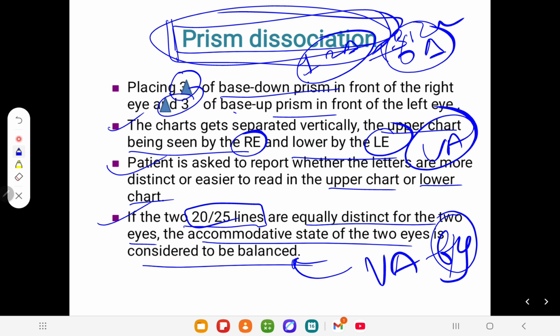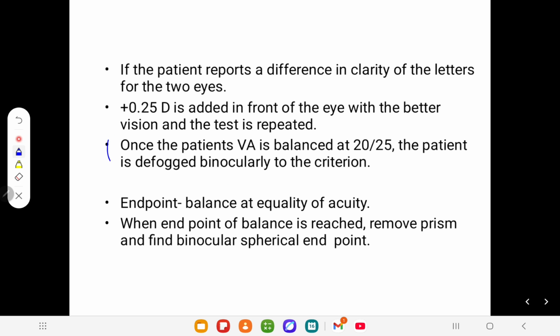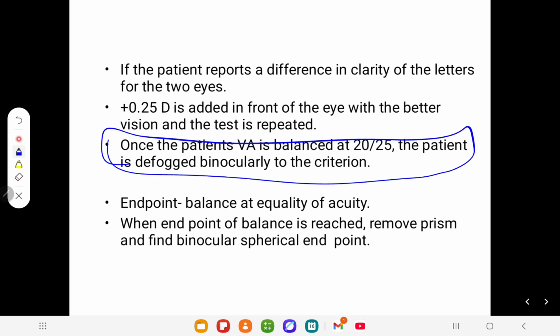In prism dissociation, we can use visual acuity too, and we can use the binocular bichrome test. The bichrome test is more reliable. So basically we add three prism and three prism base, and we show the patient the duochrome test, and then we balance, and we know how to balance with the duochrome test, red and green and all these things. That's another thing that we can do. Or in the case of visual acuity, that's the point: the 6-9 line is a very important line that we will always take as a reference.